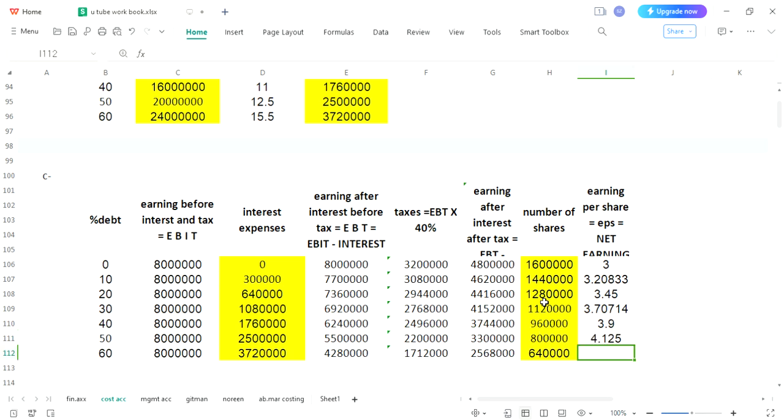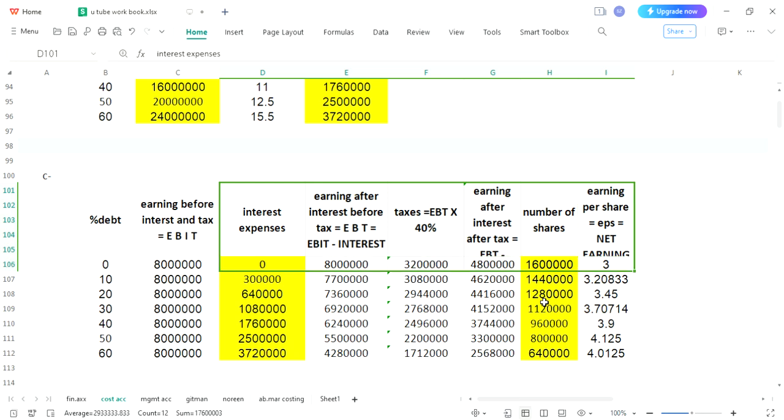We have got earning per share 4.125, and then finally we have total earning 25 lakh 68,000 divided by number of shares. So we have got 4.0125 or 4.01. So in this way, this calculation has also been completed. All these columns were not present in our question.